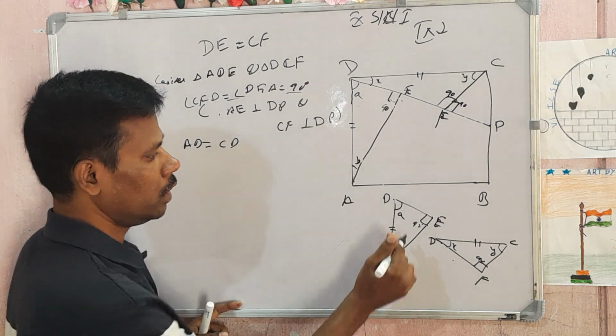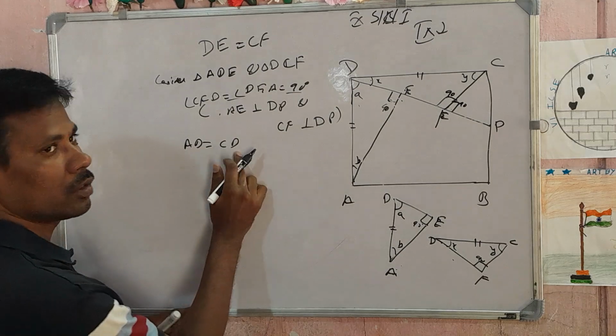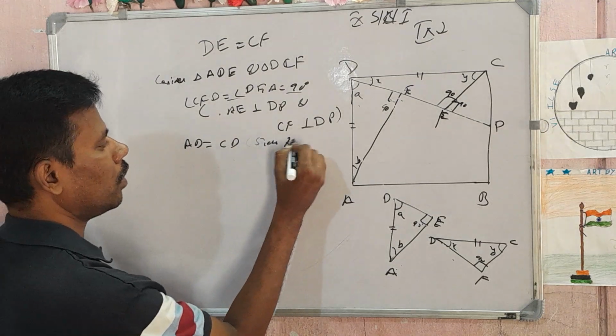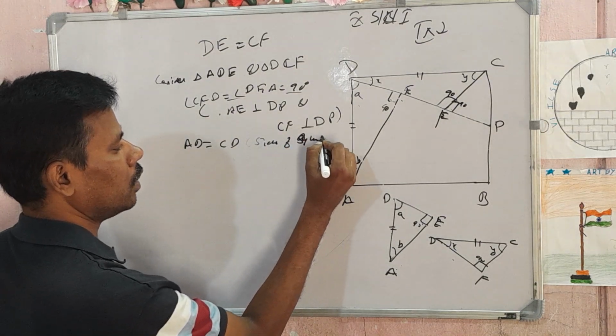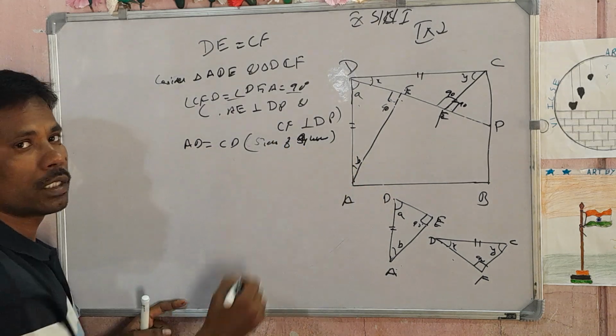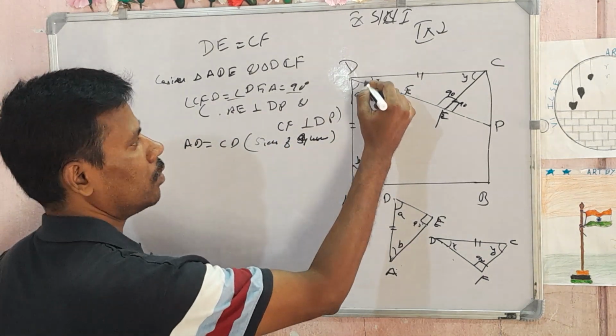So one more thing, AD is equal to CD since sides of a square are equal. Next, what can you say about this angle?